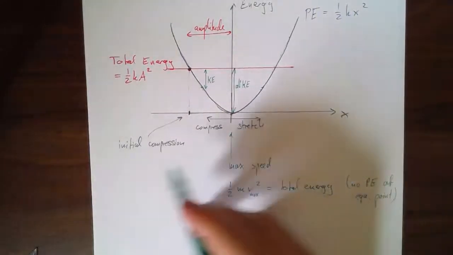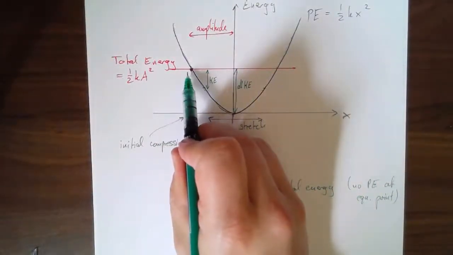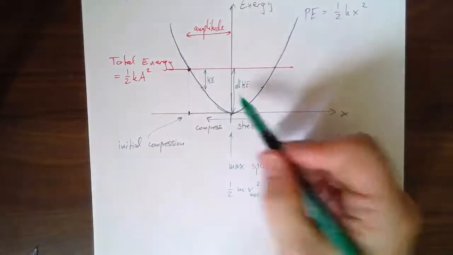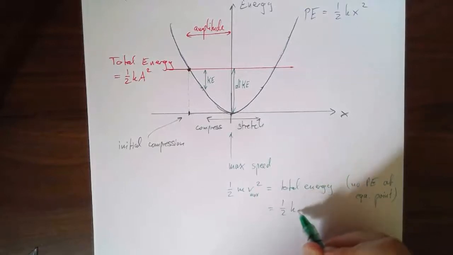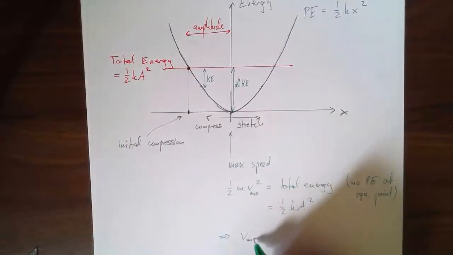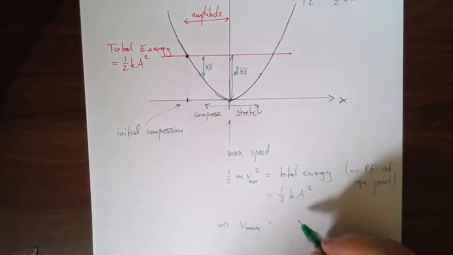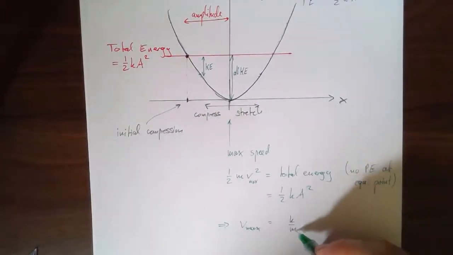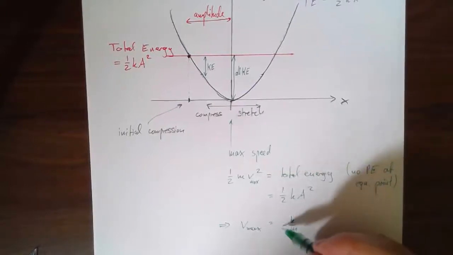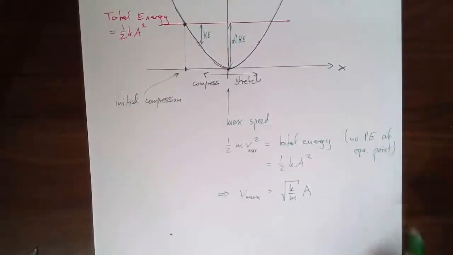But I know that the total energy is given by where I started, the potential energy at the end point, because at the end point there is no kinetic. So the potential energy here is equal to the kinetic energy here, 1/2 k a squared. So that implies that the maximum speed is, I can cancel out a half, I'm going to get k over m times a squared, but then I'm going to take the square root. It's going to look like this. Double check that that is indeed true.